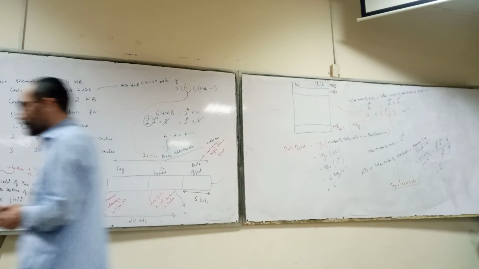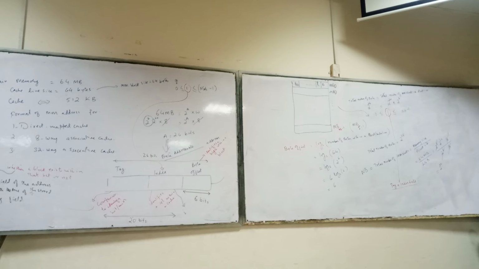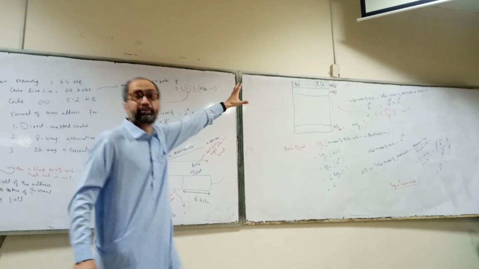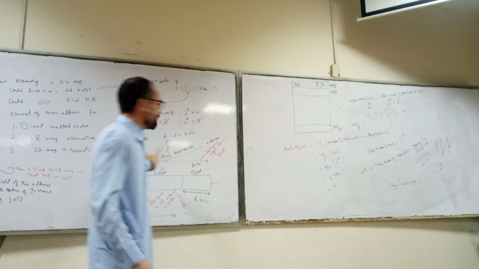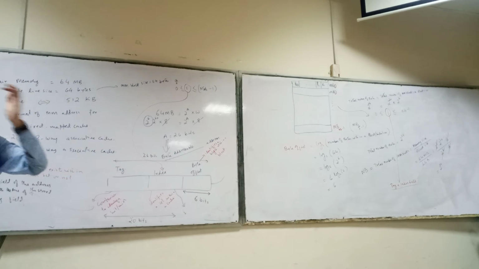Now we are only looking from the memory side, not from the cache side. Now we have to identify how many sets are required for a direct mapped cache, for an 8-way associative cache, and for a 32-way cache.